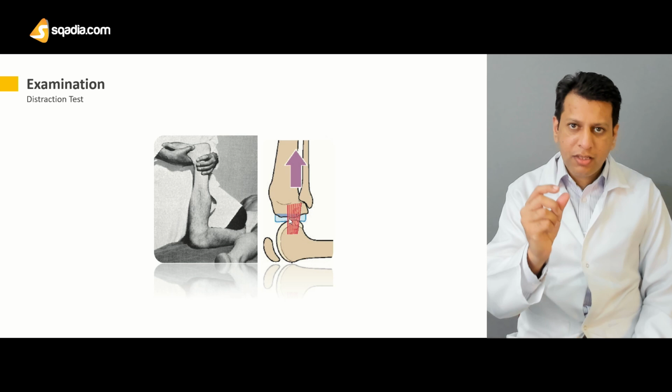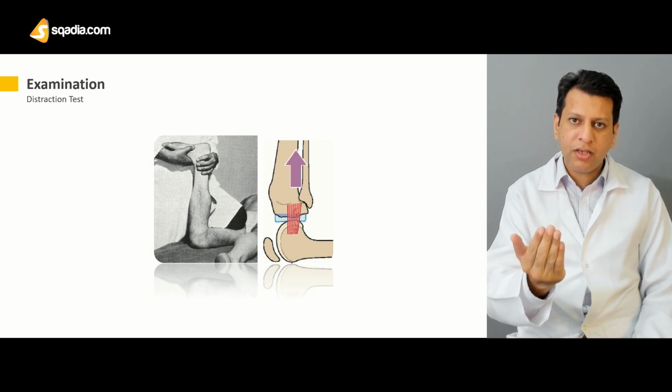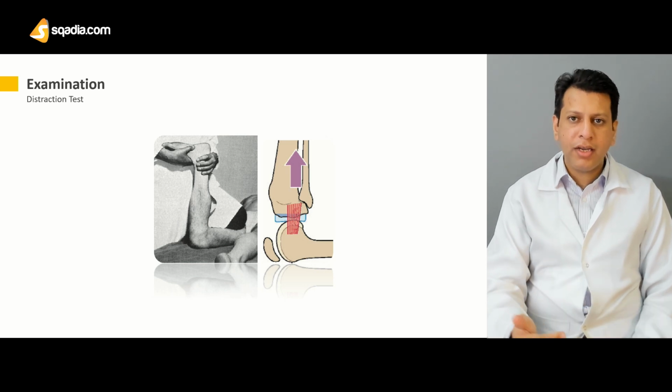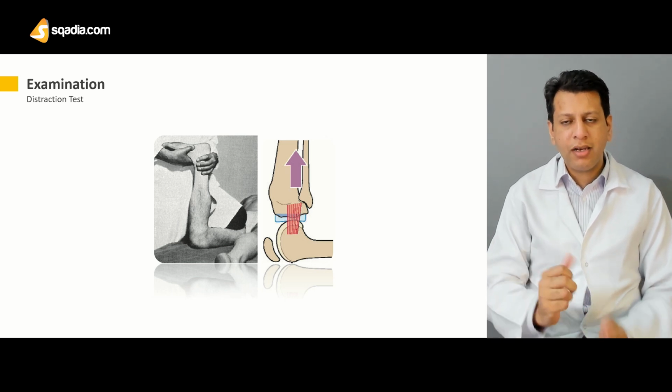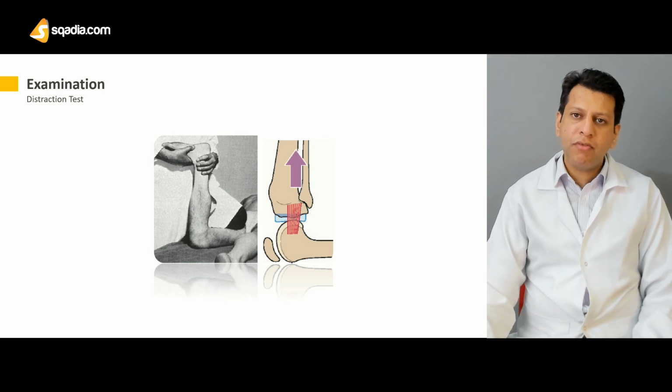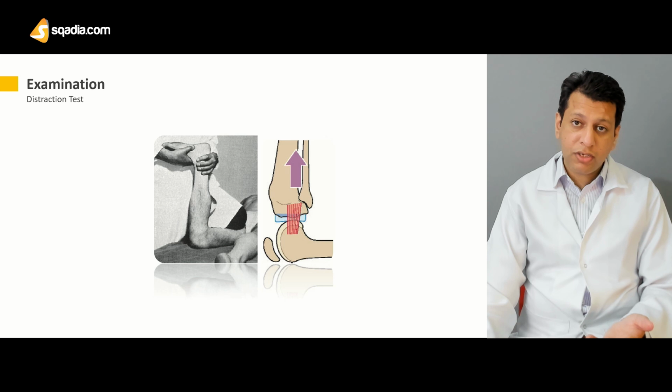And if there is anything in between, for example a bucket handle tear, it will come off and create more painful sensation. And then the examiner internally and externally rotates.